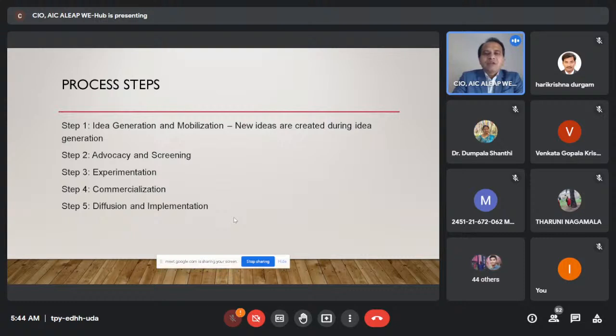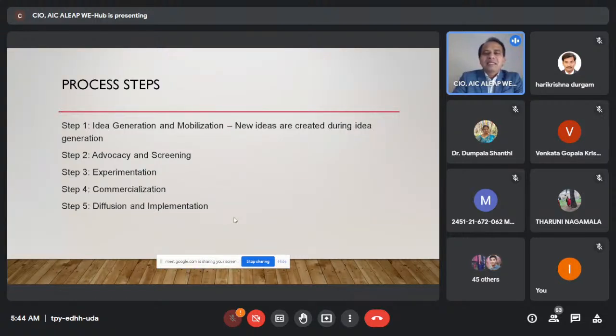Experimentation, yes. When you have an idea, and when you screen that the idea can be taken further, then you have to perform lab experiments for your idea or for your innovation. When you perform experimentation, it gives you the authentication that your idea is working.